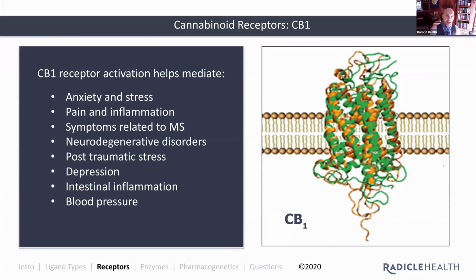CB1 receptor activation helps mediate anxiety and stress, pain and inflammation, symptoms related to MS, neurodegenerative disorders, post-traumatic stress, depression, intestinal inflammation, blood pressure. I should also note that there's still research going on with receptor antagonists and inverse agonists. So these are all therapeutic benefits when you activate CB1 receptors, but there can also be therapeutic benefits when you inhibit CB1 receptors.